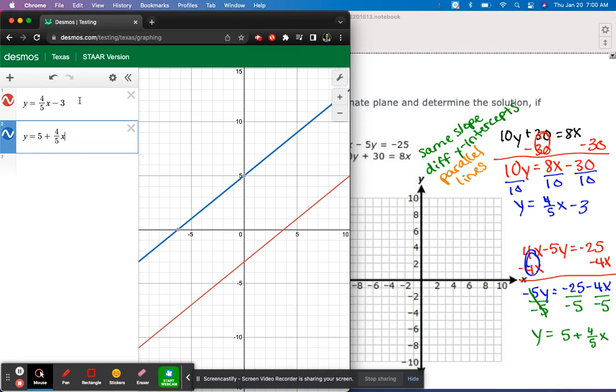So for the blue line, we are starting at 5, so we graph the y-intercept at positive 5. Another point that I could use on this graph right here is -5, +1.